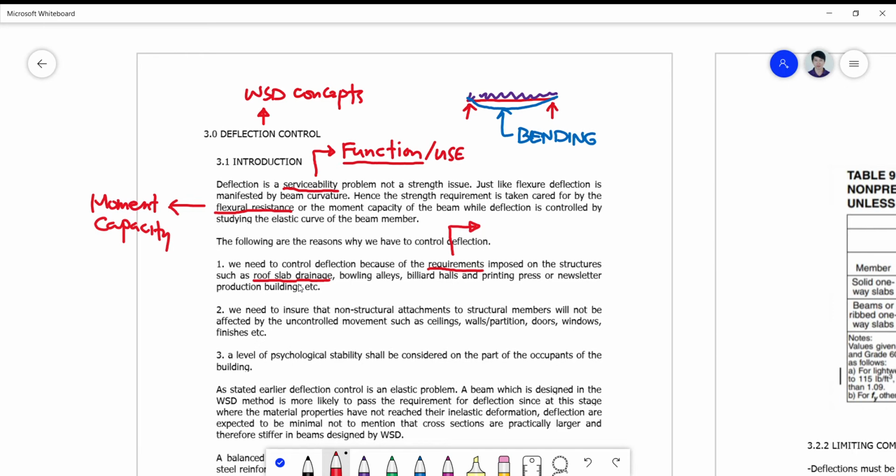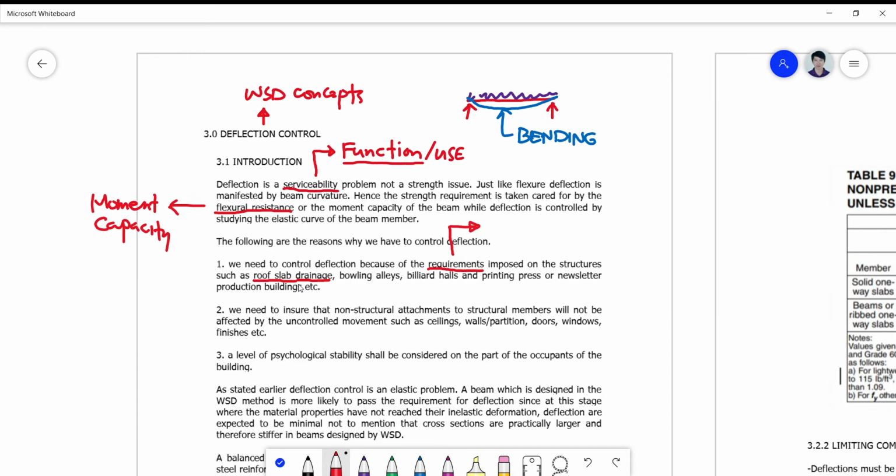For other requirements such as the functionality or the use of the structure itself, maybe for entertainment and sports, the bowling alleys, the billiard halls must actually be leveled so as not to disrupt, okay, the function and use of such structure.